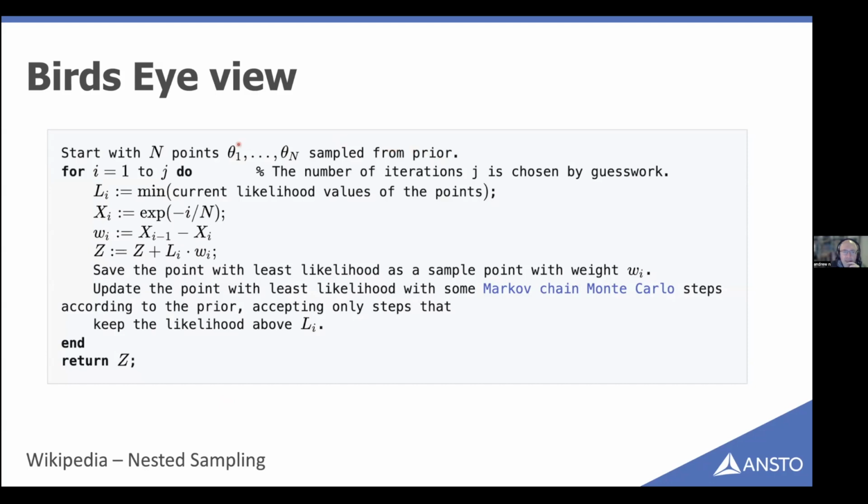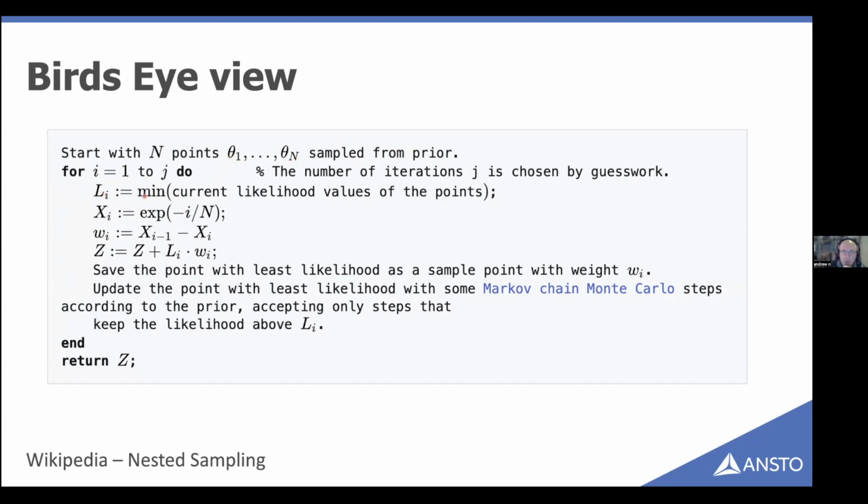And then there's an iterative process to estimate the likelihood. The first step is you take all the points and work out the current likelihoods, effectively chi-squared in inverted commas, of all those parameter vectors theta.